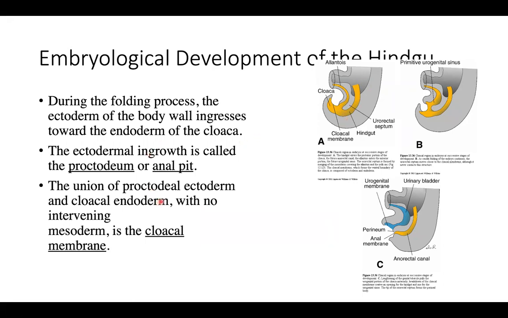So it's the same thing here. Now, one additional piece of information. Okay, you remember we said the cloacal membrane will divide into anal membrane and urogenital membrane. So you remember on the outer part of the embryo there is an epithelium.